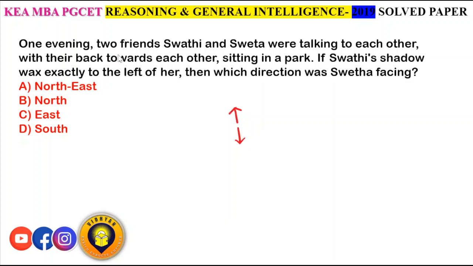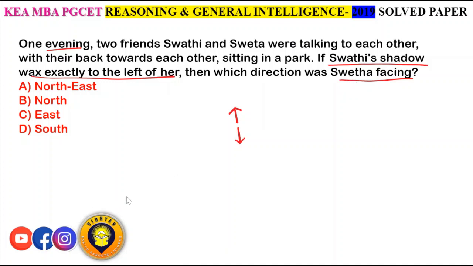Now, Swati's shadow was exactly to the left of her.